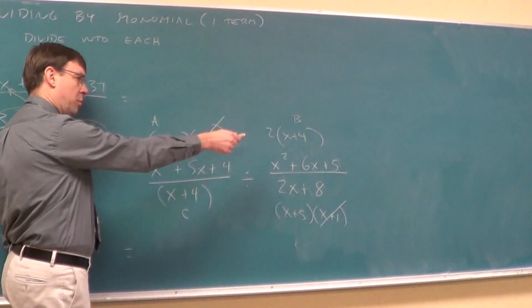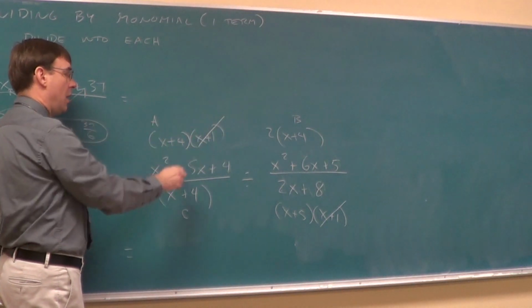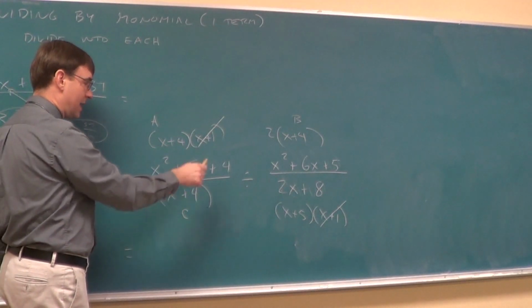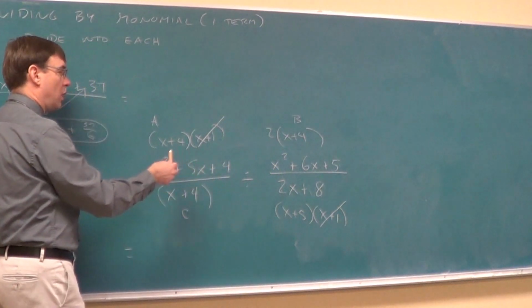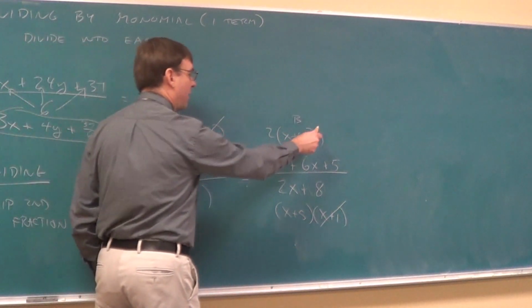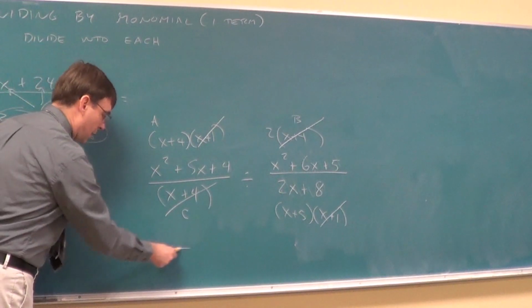So could A cancel B? No, because they're both tops. But we could either do A and C out, or you could do B and C out. You just need partnerships, 1 top, 1 bottom. So I think somebody first said B and C, so I'll get rid of those.